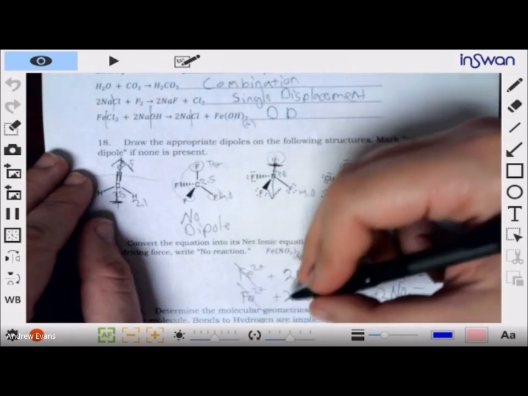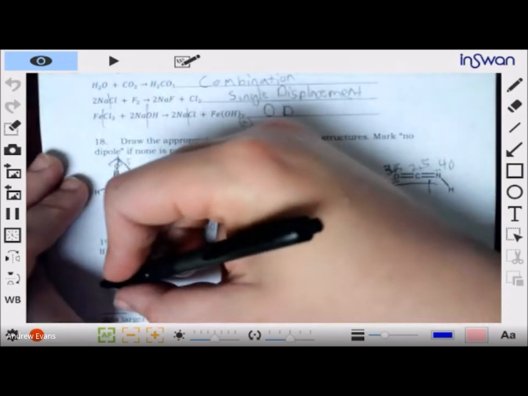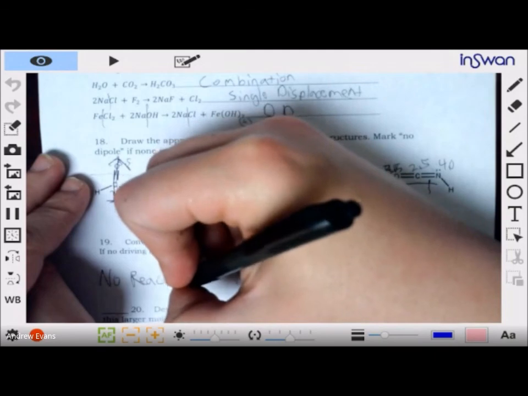Everything cancels. It would have a net effect of no reaction because there's no driving force, nothing that forces them to swap.